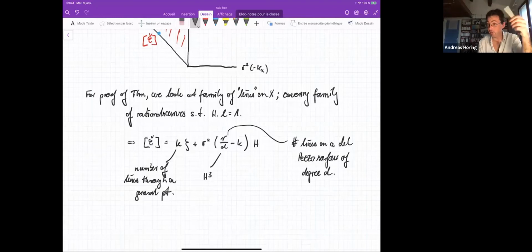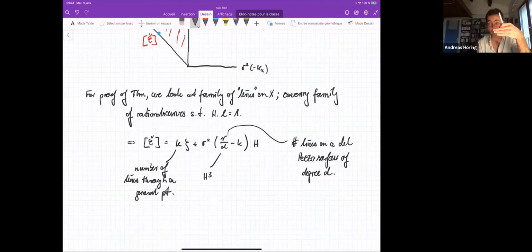There they also look at the family of lines on the cubic threefold, and they compute some invariants for the Fano surface. And the way they compute this allows you to find this kind of formula in this more general setting. Once you have this formula, you can just look up the numbers in the literature.